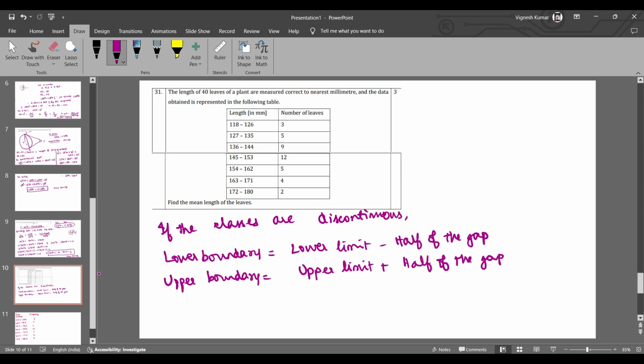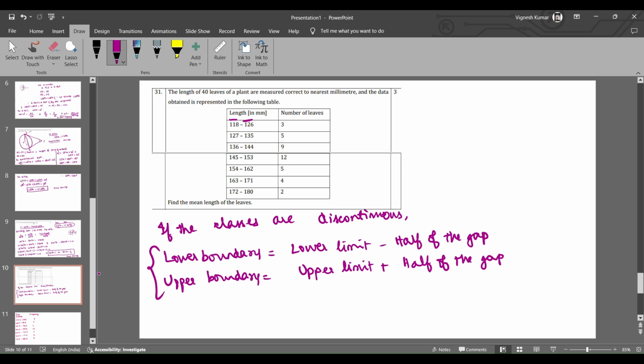The lower limit means the first value of each class interval, and upper limit means the second value in each class interval. So if the classes are discontinuous, in order to make them continuous, you will do these two things for each of the class intervals given in the table. You will reduce the lower limit by half of the gap.